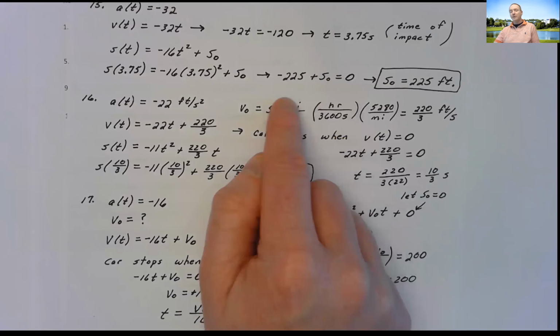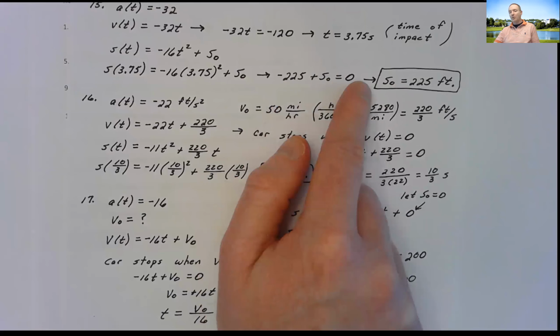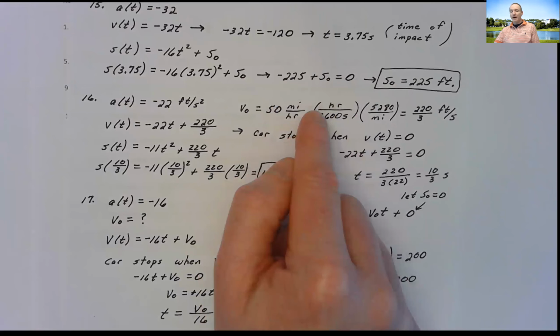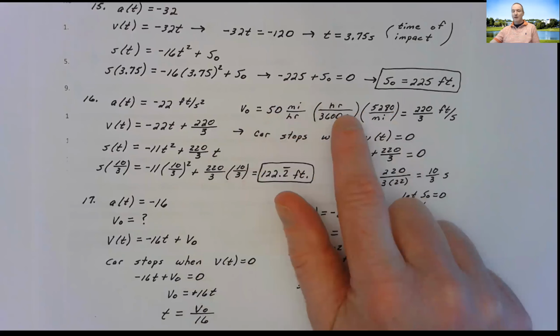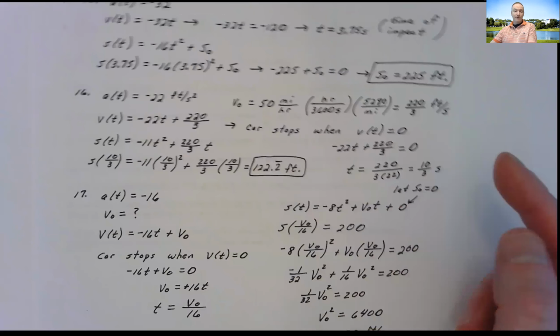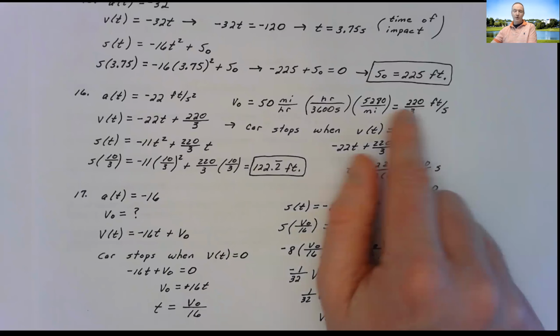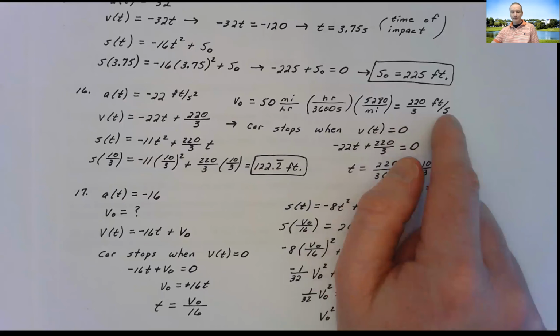And then in order to get rid of miles, I need to divide by 1 mile and multiply by its equivalency in terms of feet, namely 5,280 feet. So I just multiply, and you could just say, well, take your 50, multiply it by 5,280 over 3,600, reduce down that fraction. And I would prefer if you keep it in fractional form. It looks nicer than any sloppy decimal there. So 220 over 3 feet per second.